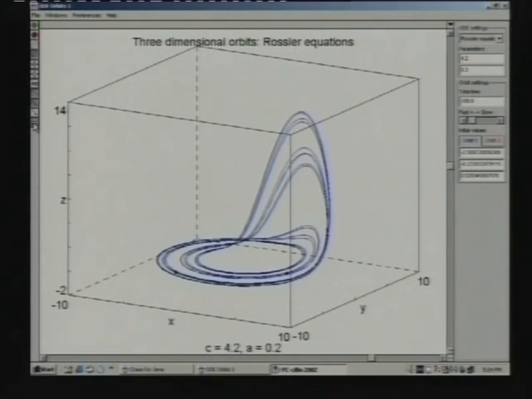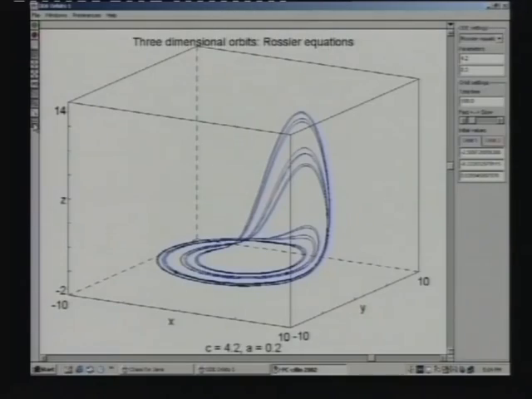right. So, we see a succession in which it was initially a period 1 orbit, then it changed to a period 2 orbit, changed to a period 4 orbit, changed to a period 8 orbit, changed to a period 16 orbit. Do you see? It is a progression, and where does it end?